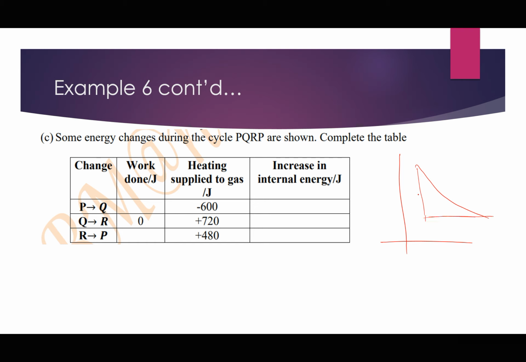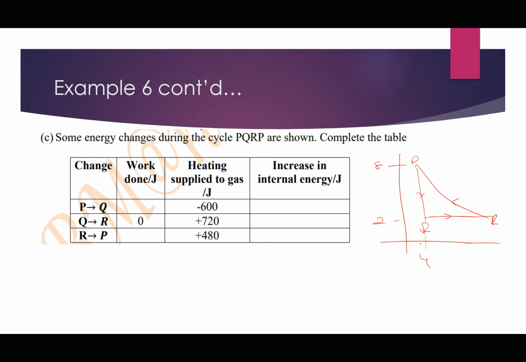So we have from P to Q to R, like that. They are saying from Q to R it is 0. That is obvious because the volume is remaining 2. This was 8, this was 4. So from Q to R, that is obviously 0.